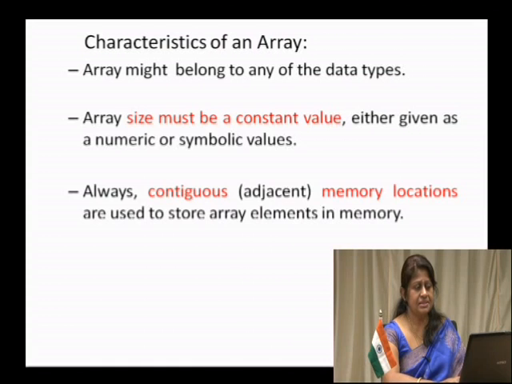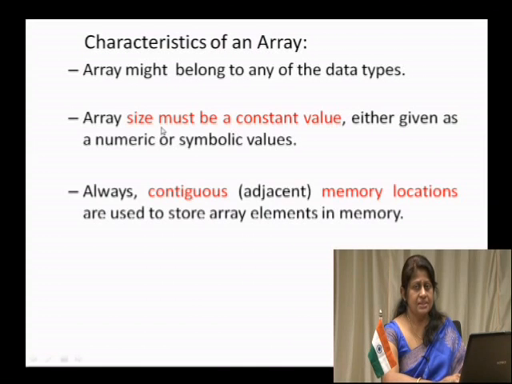One of the characteristics of the array is the definition itself, that is the array might belong to any of the data types, but this data type could be a single kind, that is a homogeneous data type. And an array size must be a constant value, that is an array can contain 10 elements or 50 elements or 100 elements, but whatever the number be, it should be a fixed size.